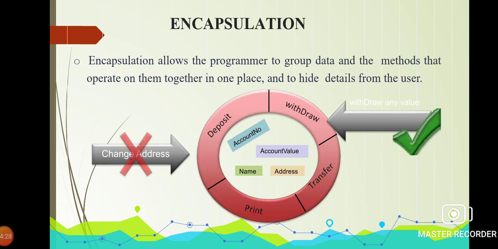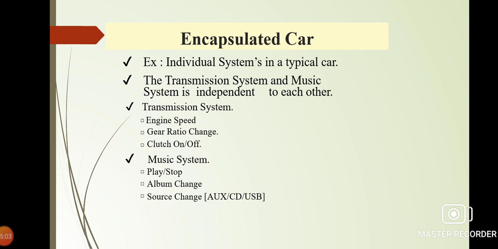Encapsulation allows the programmer to group data and the methods that operate on them together in one place, and also hide details from others. In this diagram, an account consists of account number, account value, name, address. We can transfer, withdraw, deposit, and print. So it allows the programmer to group particular data and relevant methods together.